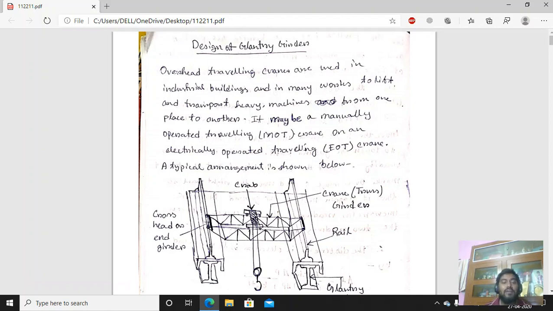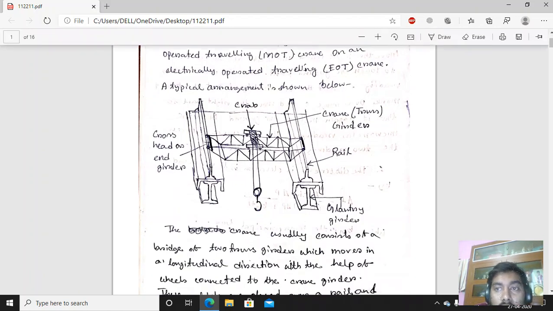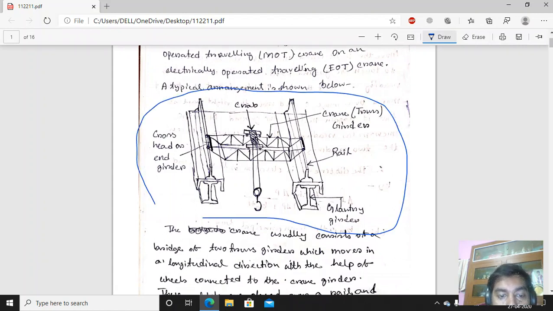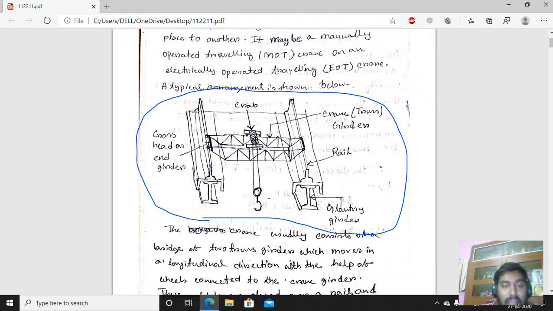So two types of traveling cranes are there. In this picture, you can see a diagram of our total EOT crane system. If you see the diagram, these two are the basic Gantry girders. This is the rail where the crane is supported, and over the rail there is a crane girder placed so that it can move in that direction as well as in that direction with the help of these wheels.